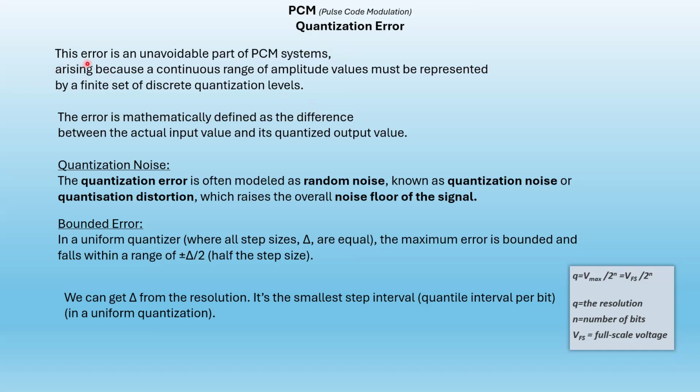All right, so this error is an unavoidable part of PCM systems, pulse code modulation, arising because of a continuous range of amplitude values that must be represented by a finite, not infinite, set of discrete, exact quantization levels, going up and down.